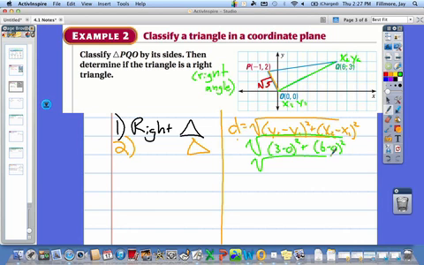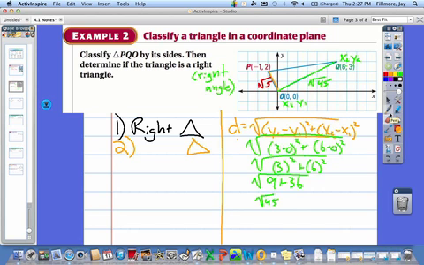To simplify my parentheses, 3 minus 0 is 3, 6 minus 0 is 6. I'll use my exponents next, so 9 plus 36, and that should give me the square root of 45. So far, it's not going to be equilateral. It may be scalene or isosceles, so we shall see.